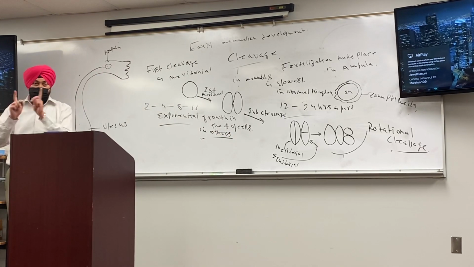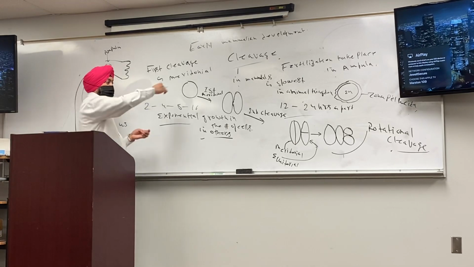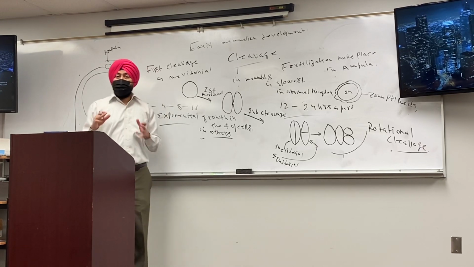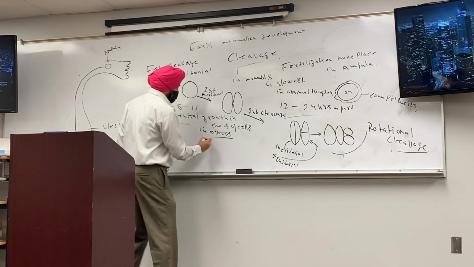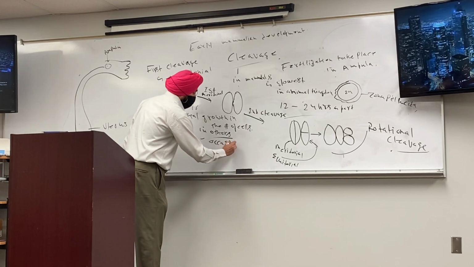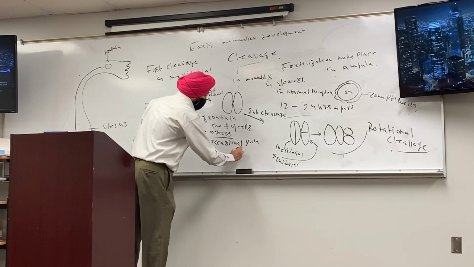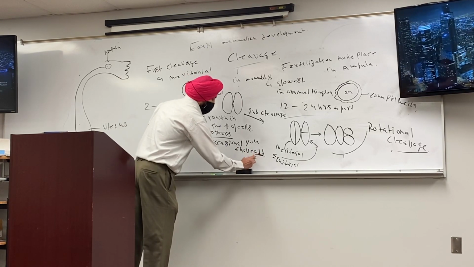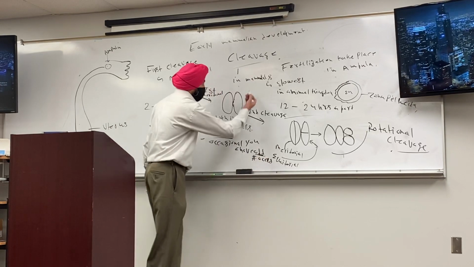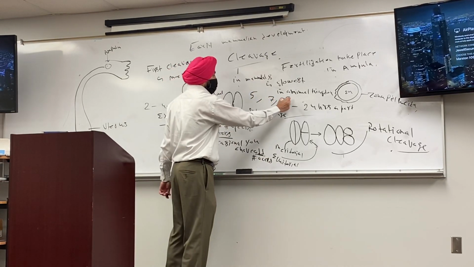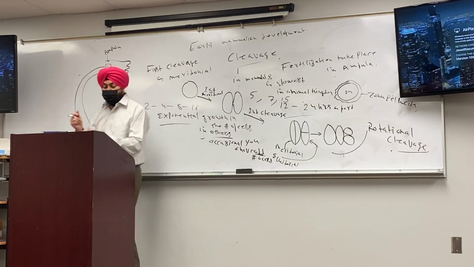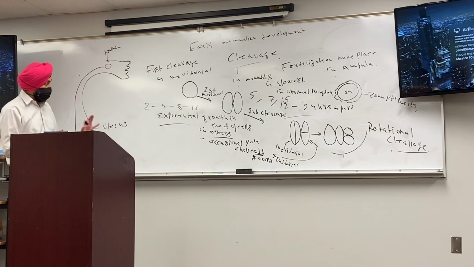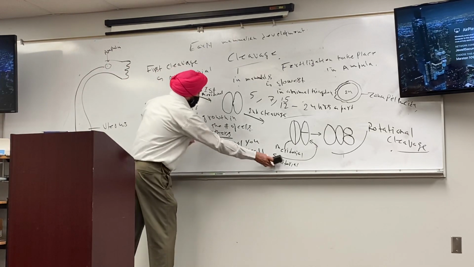But in mammals, not all the cells divide equally at the same time. So occasionally you can have an odd number of cells. You can have 5, you can have 7, you can have 15. So not all the cells are dividing like this. These are the major differences.